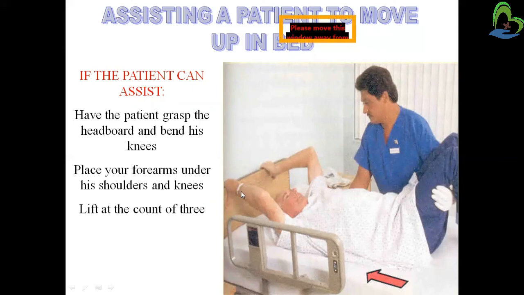The assistant can help at the patient's knees area and back area, and the patient tries to lift their body weight with the support of the headboard. Place your forearm under the shoulder and knees as shown in the image. The assistant can place their hands under the patient's back area and knees area, so that the patient can lift freely.